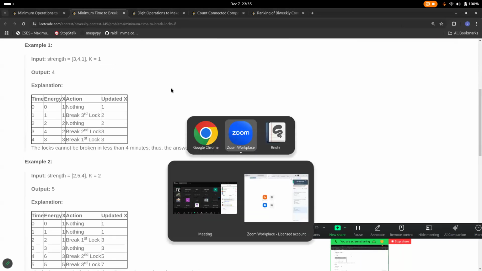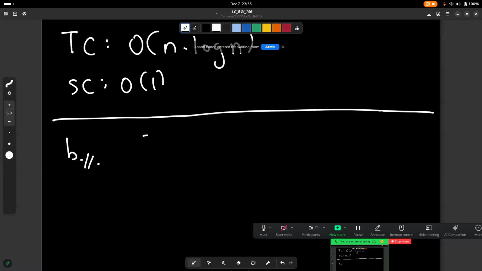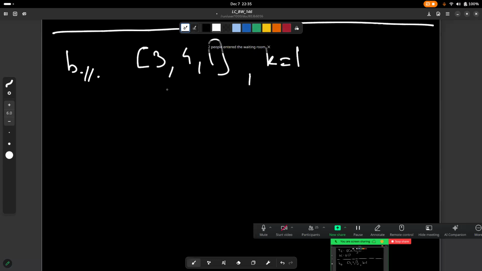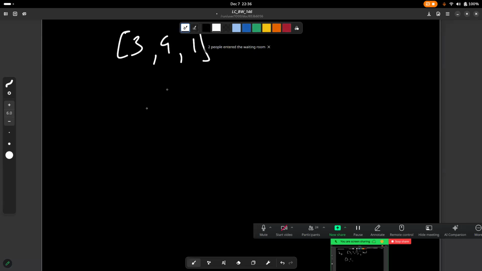Moving on to the first sample test case, we have the nums array equal to 3, 4, 1, and the value of k is 1. This says you have 3 locks with strengths: the first lock has strength 3, the second has strength 4, and the final lock has strength 1.